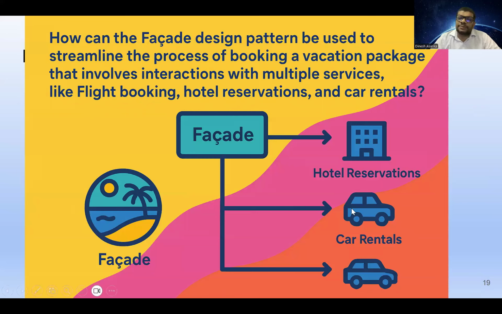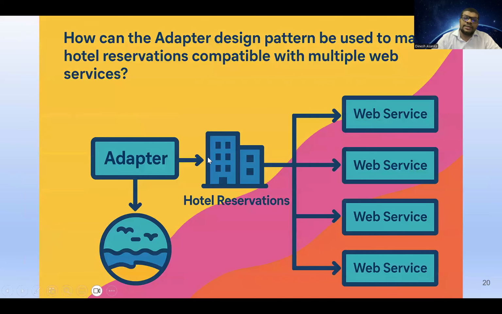But here you are expecting, let's say this is the latest one, a JSON format, but you are getting it in XML format. You have to do an adapter there. And you are getting it in a CSV format, comma separated values. You have to convert that into XML form. So what happens here is the hotel reservation is connected to multiple web services.